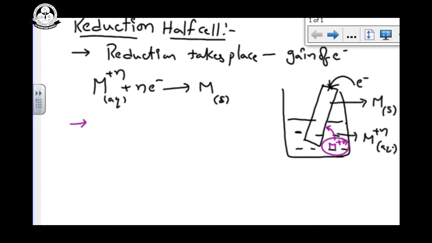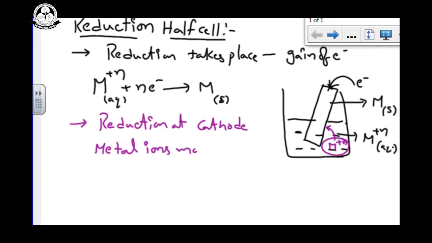So the metal ions move towards the cathode. We already studied this in nickel. Reduction at the cathode means metal ions move towards the metal.